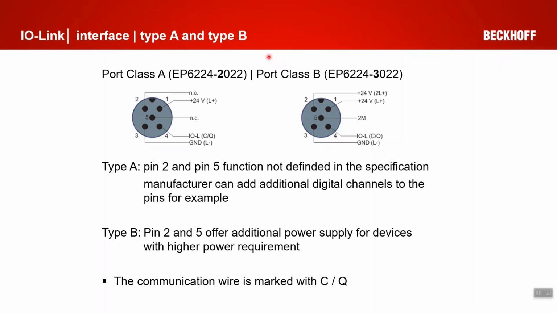In class B or type B, these ports are specified with an additional power supply for devices that need a higher power requirement. So you can talk to actors, sensors that need more power than the standard ones in class A. And the communication channel is marked with CQ. That's exactly the same in both types.